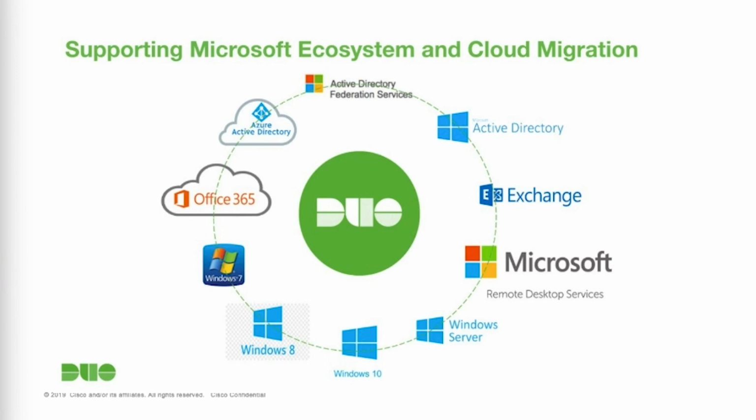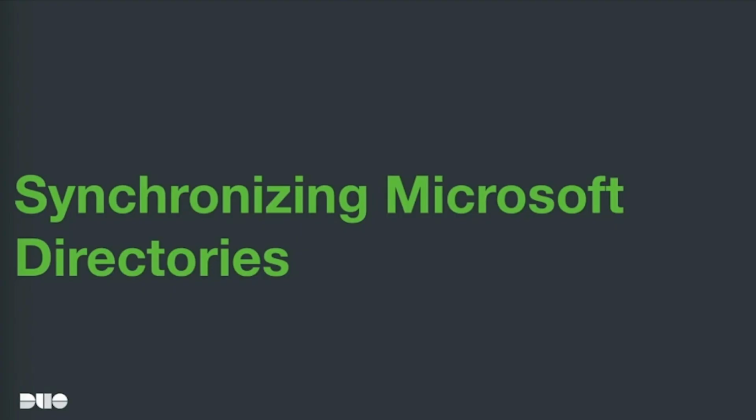And we also protect your email solutions and support your migration path to the cloud. Additionally, we protect Windows desktop logins, including remote access, local access, and server access. So we'll go into a little bit more detail next on how we synchronize with Microsoft directories.